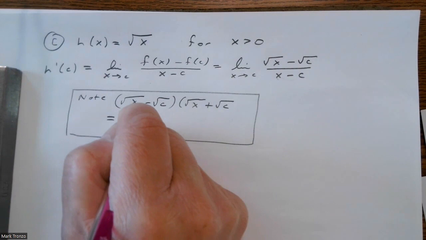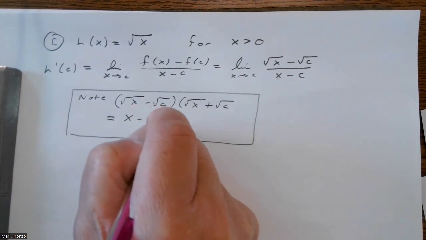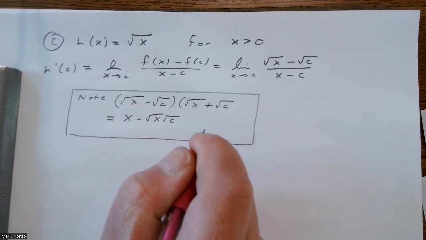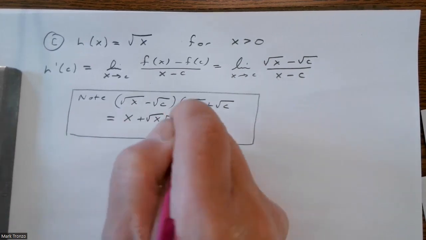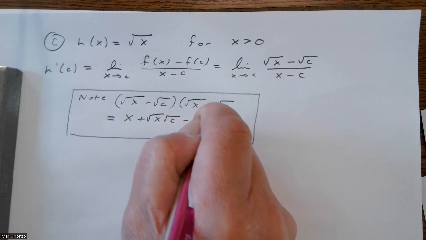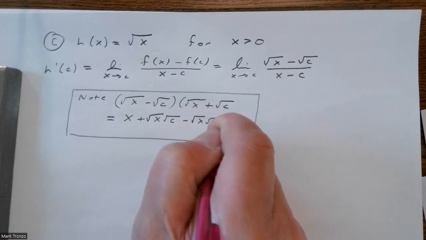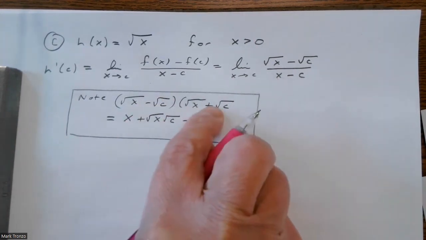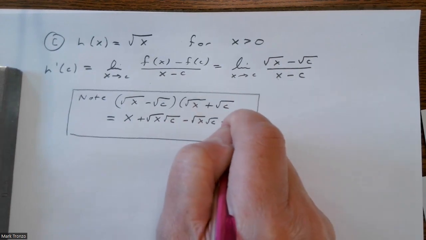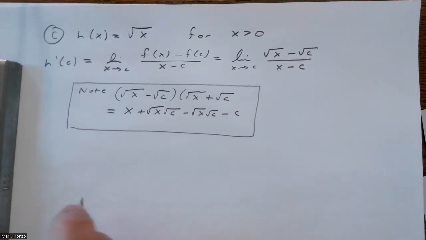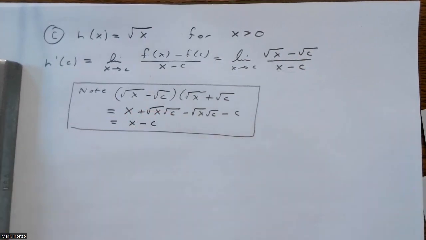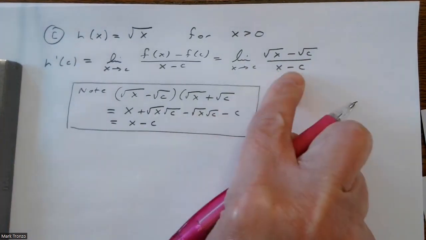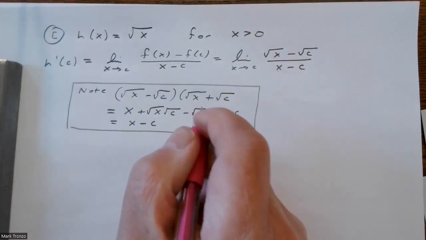Multiply this, we get square root of x, square root of c, positive, and multiply these two, square root of x, square root of c, negative, and then we multiply these two, we get minus c. And of course, that's going to give us x minus c. So we could factor the denominator this way.